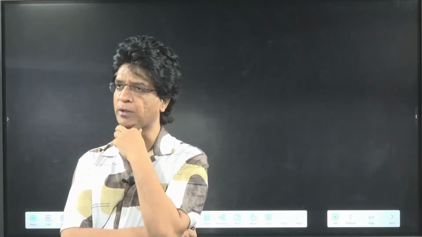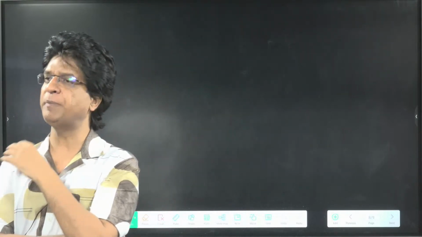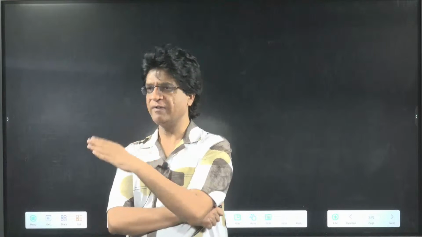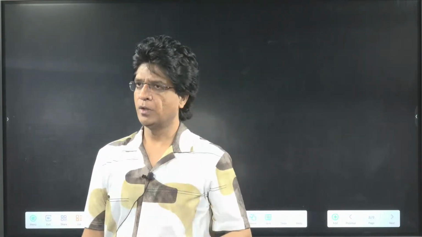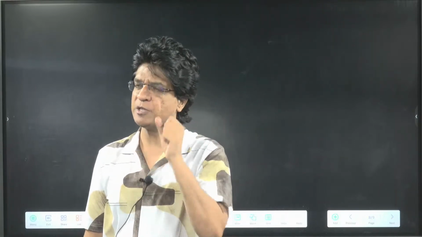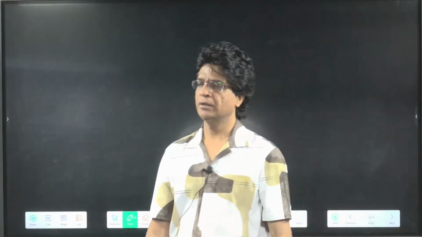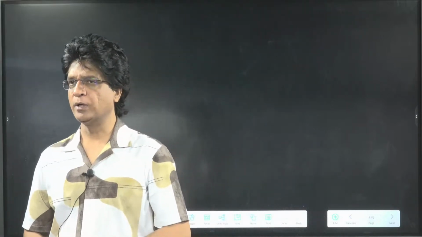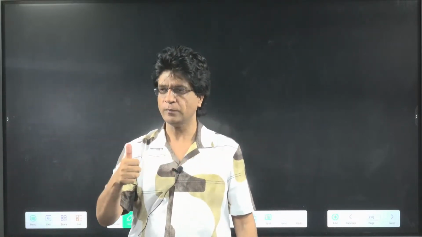In our macroscopic world, there is no significance of wave-particle duality. In our world, a wave is a wave, a particle is a particle. A particle cannot behave like a wave. So can I say the Heisenberg uncertainty principle is valid in the microscopic world only? True or false? This is true. So I cannot apply the Heisenberg principle on a moving truck or a moving ball. Okay? That is better.